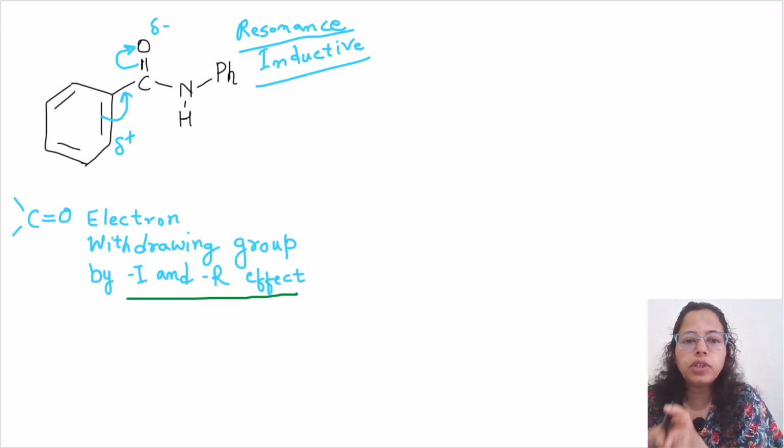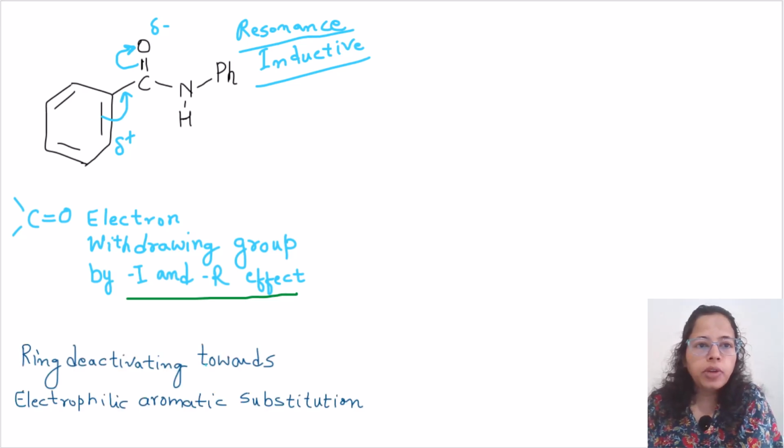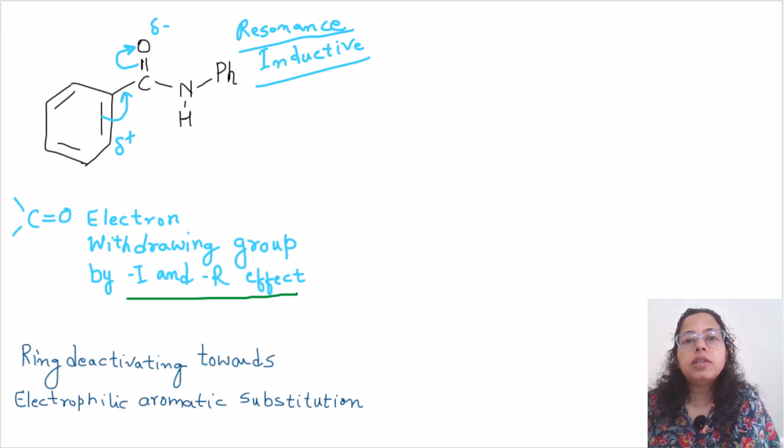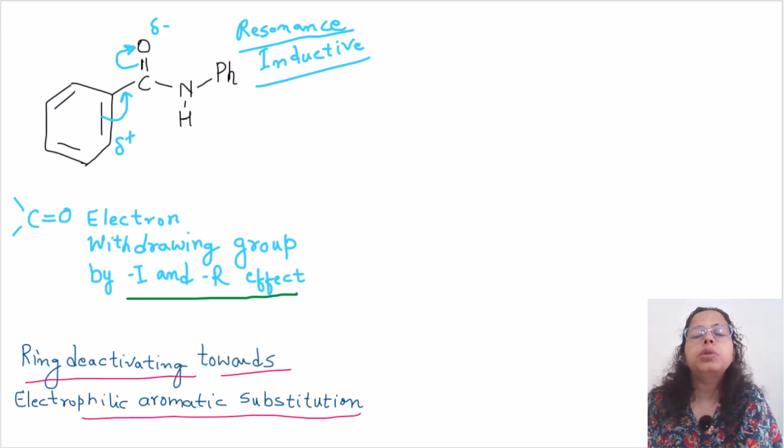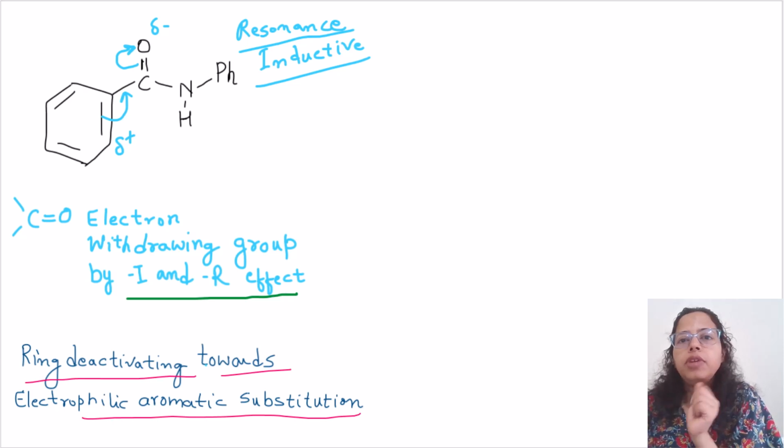Because of this electron withdrawing nature, the carbonyl group is also ring deactivating towards electrophilic aromatic substitution. This is the reason that it will not support the attack of the electrophile.